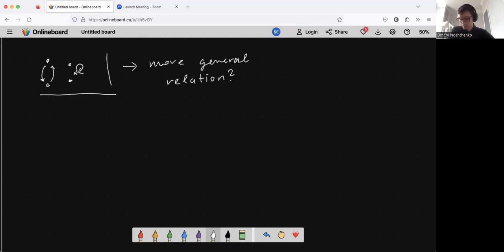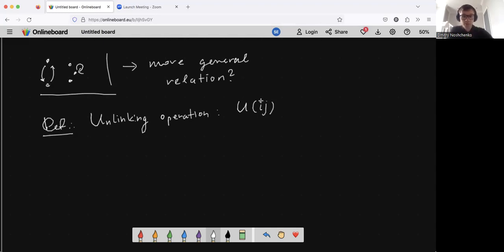And now one can define the more general operation, which we call unlinking. And this operation we denote by capital letter U and the pair of indices ij.